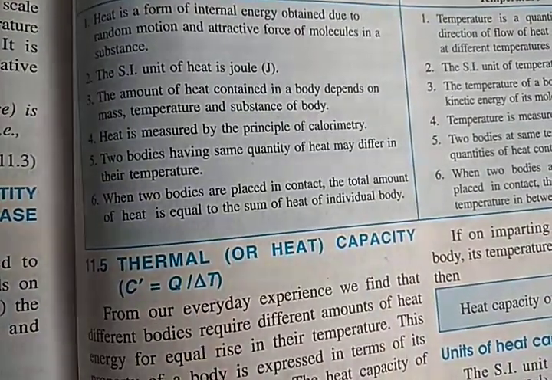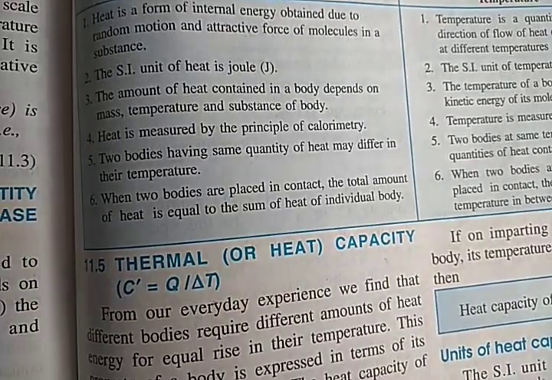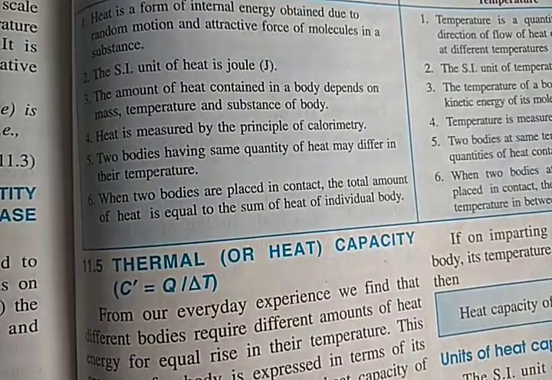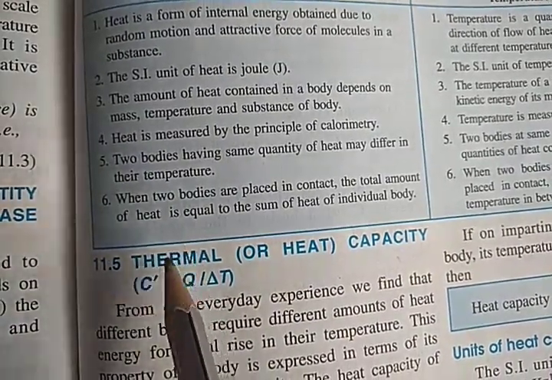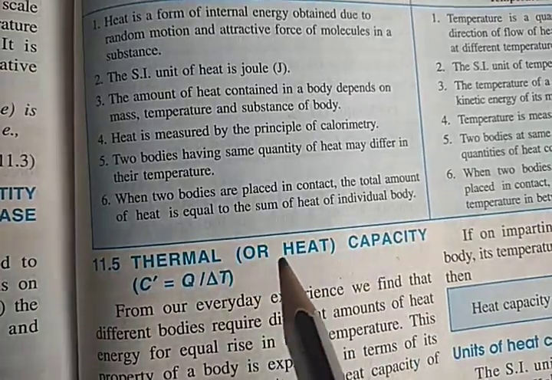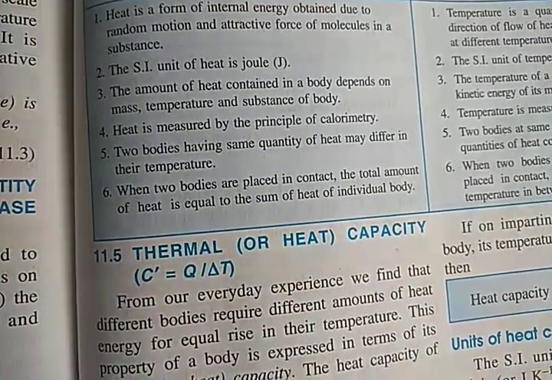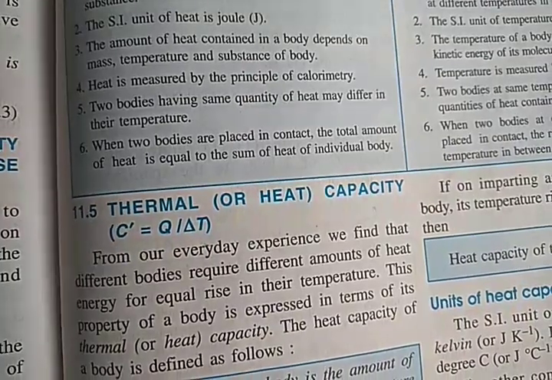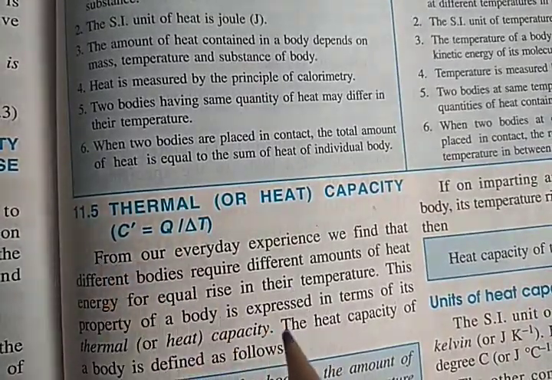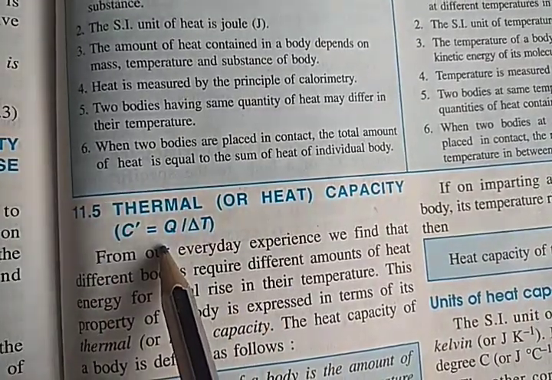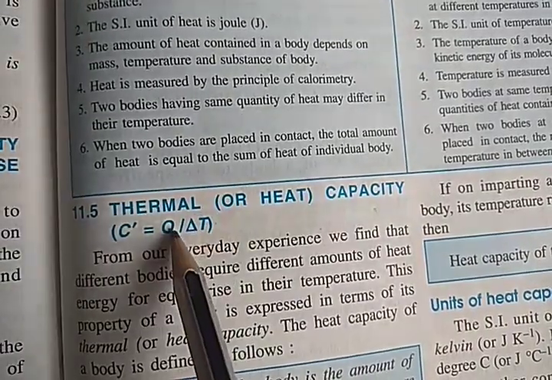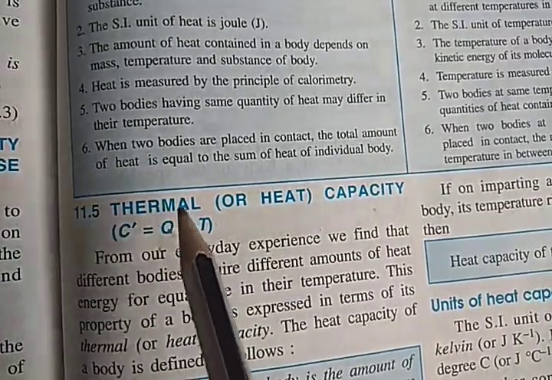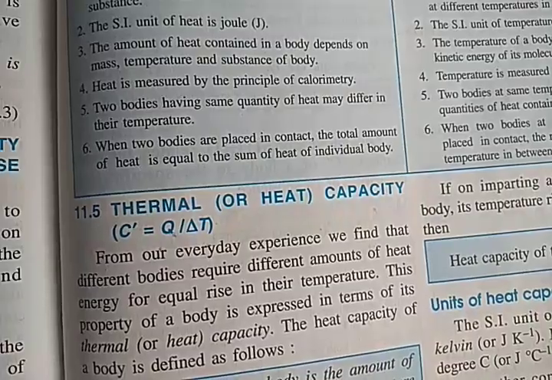Of course, before this we looked at the differences between heat and temperature. Then we spoke about heat capacity or thermal capacity, denoted by a capital C, which is this relation Q by delta T, the amount of heat received by a body to raise its temperature by unit degree.